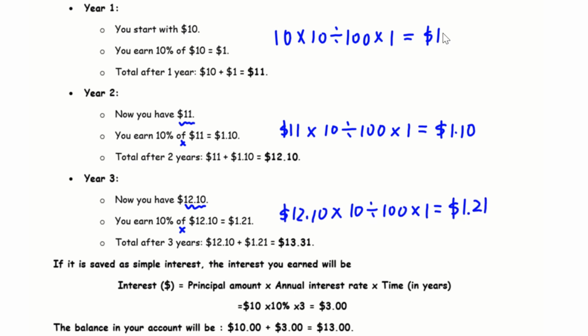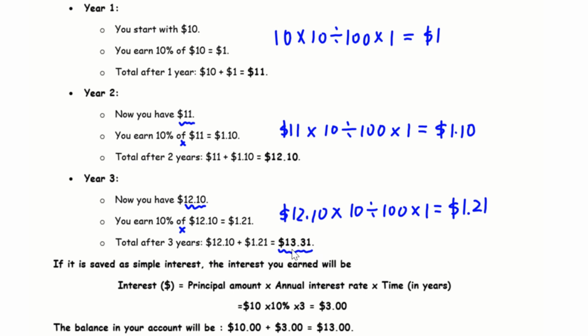So comparing to the first year, you earned 21 cents more interest. The total after 3 years is the beginning of the third year, $12.10, plus $1.21. You have $13.31. This is compound interest.